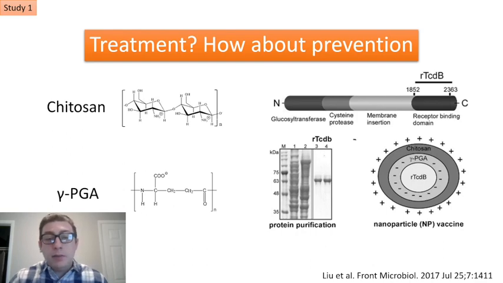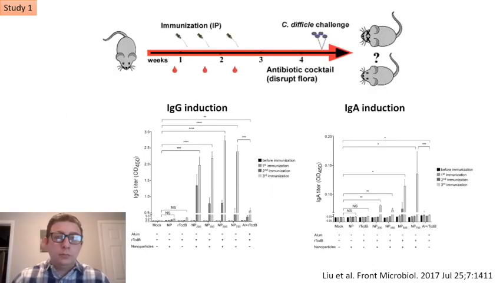In this specific study, recombinant TcdB, which is a component of the toxin produced by C. diff, is encapsulated in a chitosan and PGA polymer. The encapsulated protein was then used in the following model below.